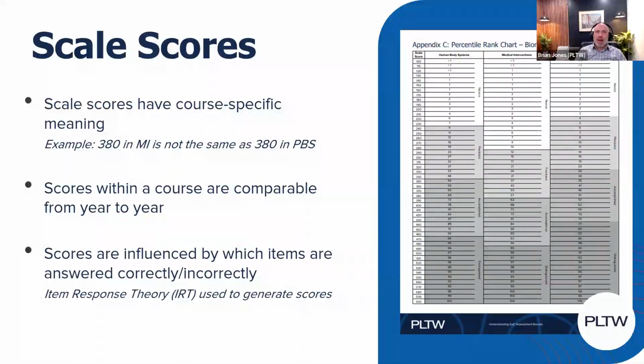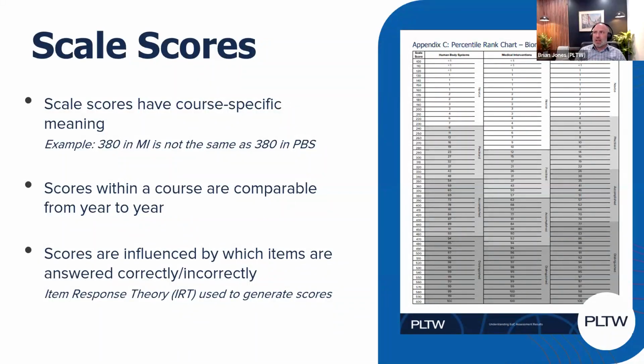And so our panel of experts have set that cut point at a different place. So a word of caution: like I have in my example here, a 380 on MI doesn't necessarily mean the same thing as a 380 in PBS.